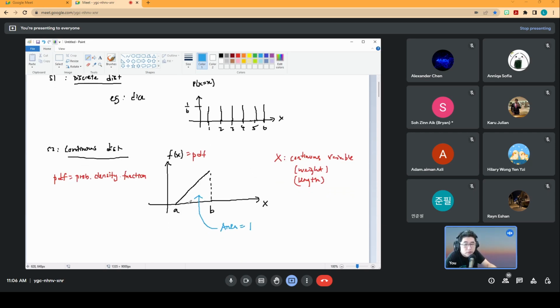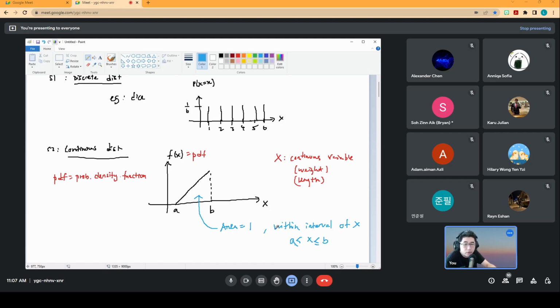Then you have a certain interval of x, so in this case x is between a and b.